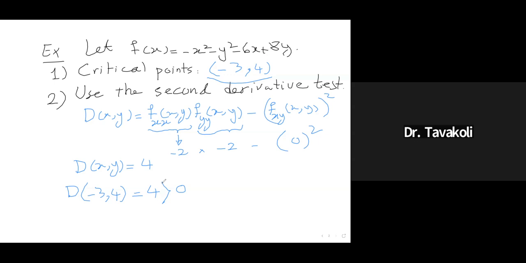According to the second derivative test, if D is positive at the critical point and the second derivative with respect to x at (-3, 4) is -2, which is negative, then we have a local maximum at (-3, 4).